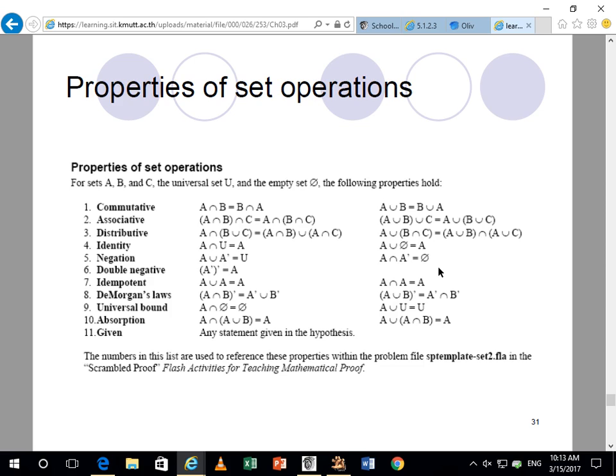So one of the property of sets is it is associative. It's commutative, it's associative, it's also distributive. So you can expand this. A intersect B union C is equals to A intersect B and then union A intersect C. So you expand it out. We call that distributive property.